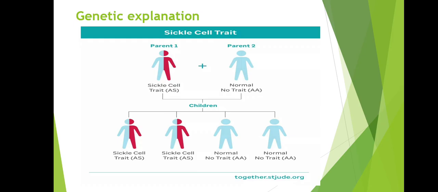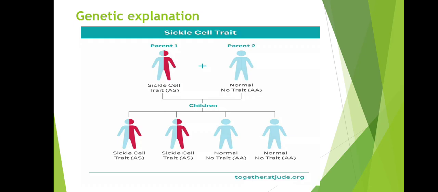Now when this particular person who is a carrier falls in love with another person from another family who is a carrier, then the chances of them having a child with sickle cell anemia are 50-50, because they are both carriers now.